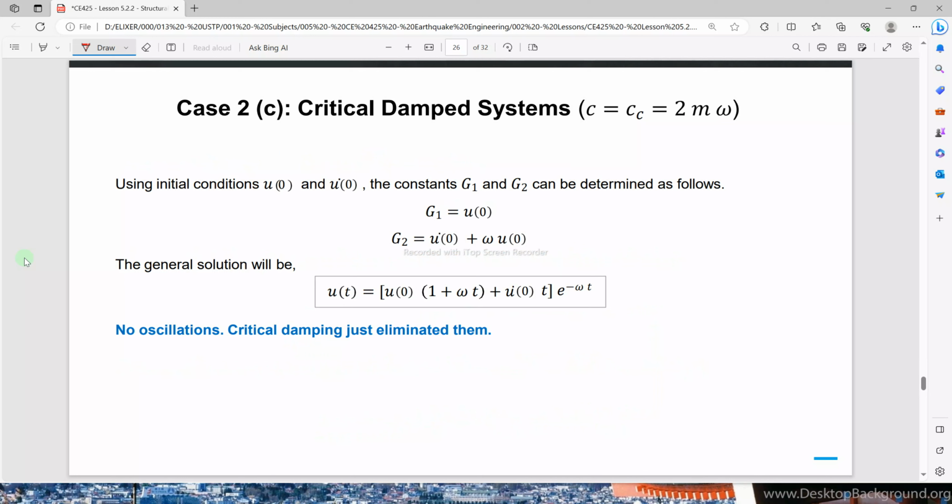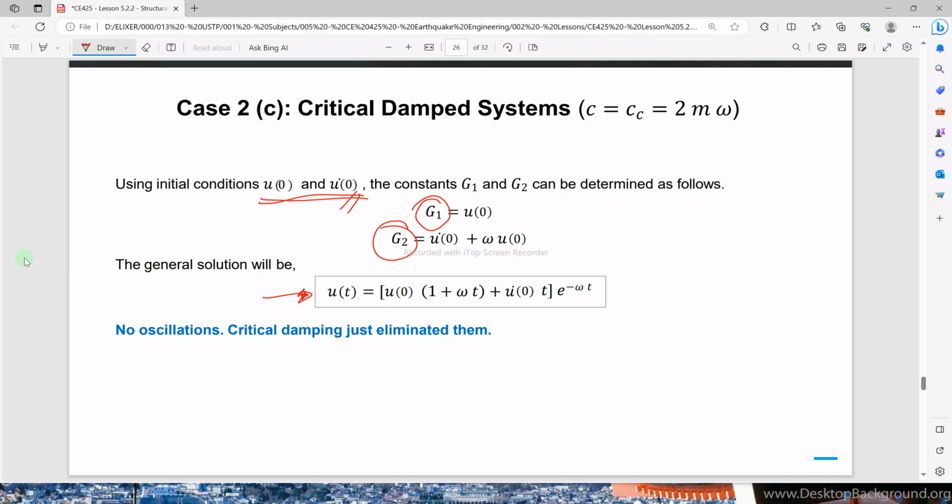So using the initial conditions, we can solve the constants g1 and g2. And upon solving the constants g1 and g2, we can substitute their values in our equation of motion. So this time, this is the general solution.